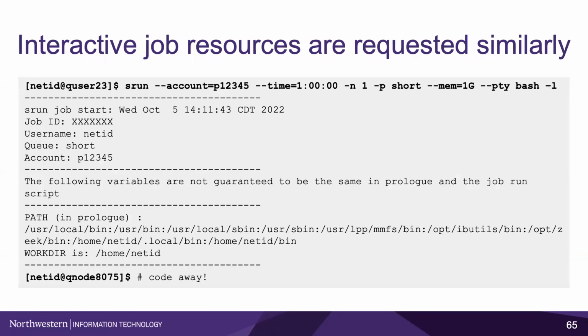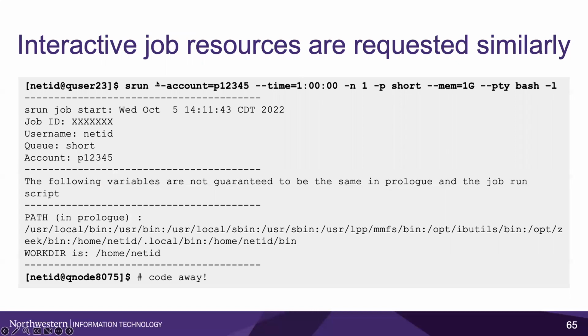The way that you submit an interactive job involves a couple of commands, but the first one that I wanted to introduce is srun. So you will be submitting your interactive job by the command srun, followed by all the directives that we talked about in the batch job submission script. So we have account here, we have the time, number of CPUs, the partition, memory, etc.